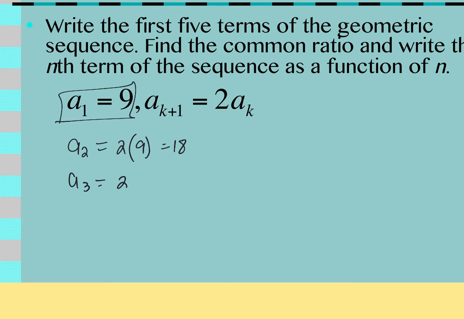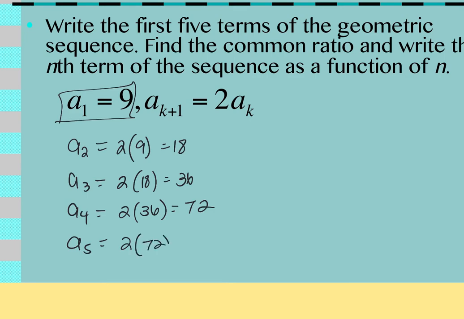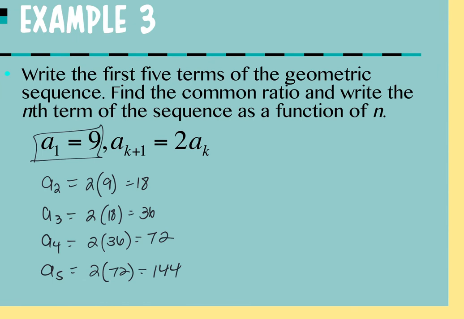A3 is 2 times the one that comes before it, which is 18, and that's 36. A4 is 2 times 36, and that's 72. A5 is 2 times 72, and that's 144. So that's the first thing, right? The first 5 terms of the geometric sequence: 9, 18, 36, 72, 144.